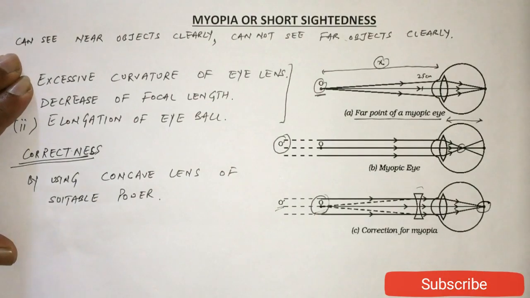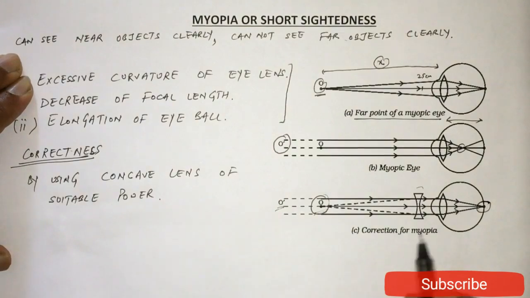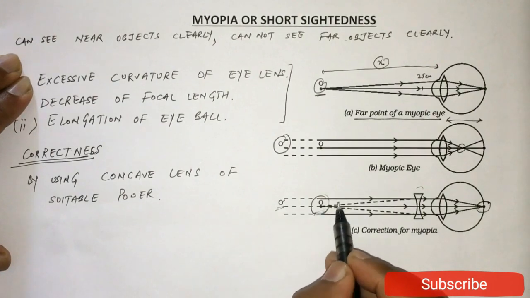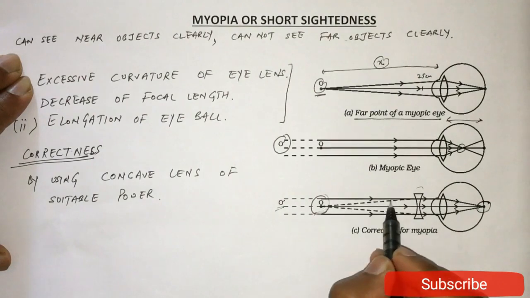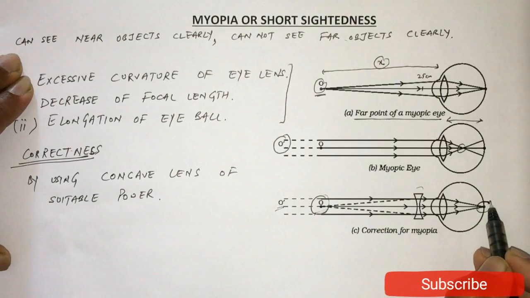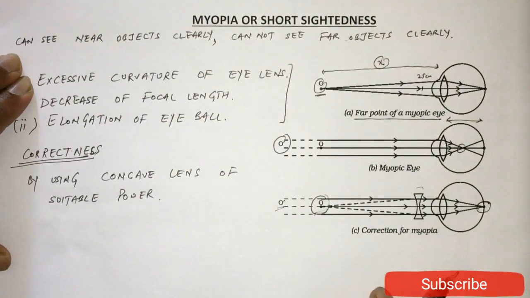The myopic defect can be corrected by a concave lens of suitable power. So the concave lens forms a virtual image of a distant object at the far point of a myopic eye. So the light rays that are diverging from this point O are now focused at the retina. So the person can see this object clearly.